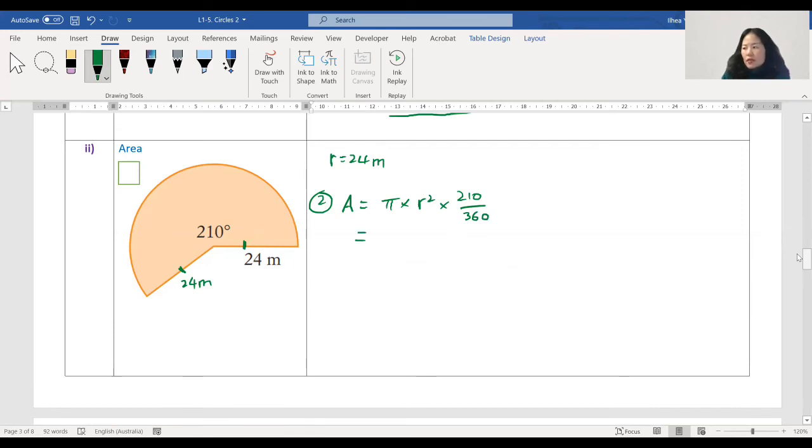So if you put that in your calculator, you will get 1055.575, and in 2 decimal places, 1055.58 meters squared, because the third decimal is 5 or bigger than 5, so 5 is included, so it's going to be rounded up. Okay, so that's what we got.